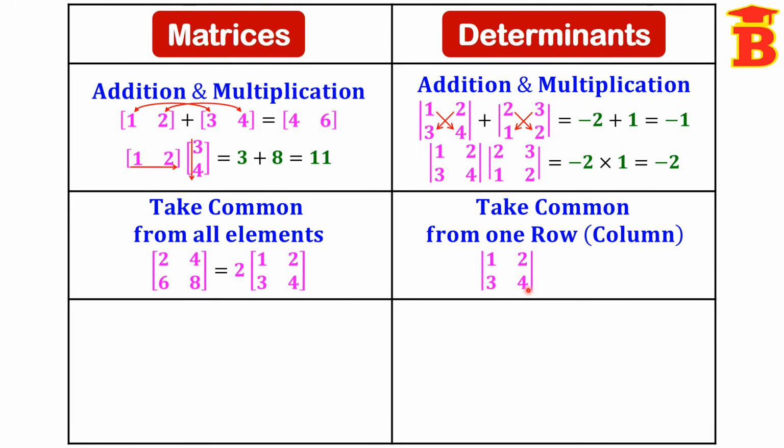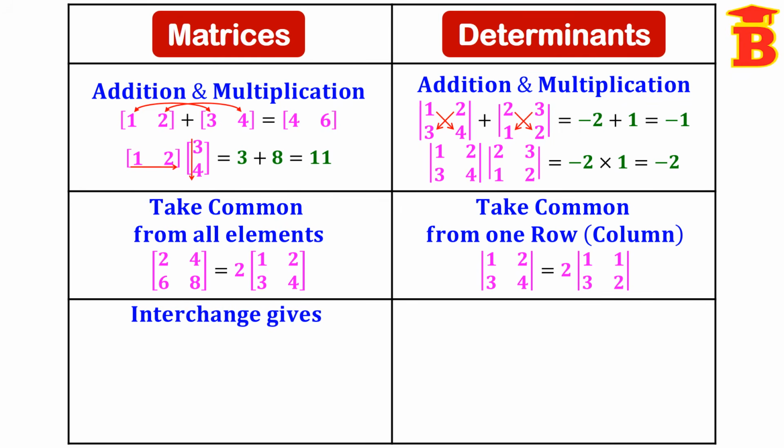Here see this second column. We have 2, 4. In that we have 2 common. So from this second column, we can take 2 common. First column 1, 3. In second column, taking 2 outside, we get 1, 2. Similarly, if you want to multiply any constant, in matrix we have to multiply all the numbers by that constant. Whereas in determinant, if we want to multiply any constant, we have to multiply that constant in any one row or one column only.